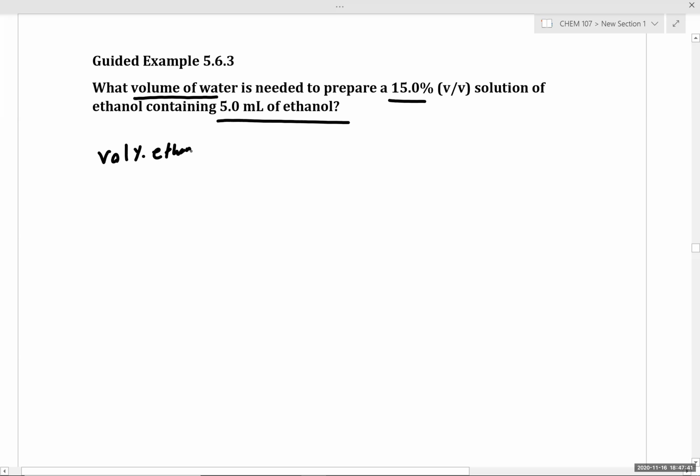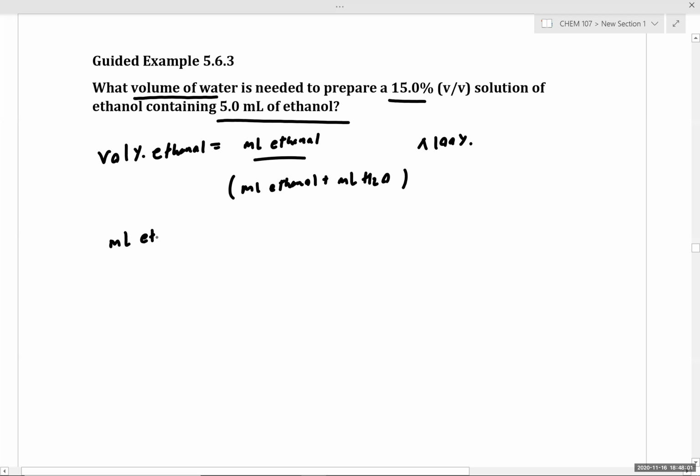So the volume percentage of ethanol is equal to the milliliters of ethanol over the milliliters of ethanol plus the milliliters of water. That's our total volume of solution, times 100%.